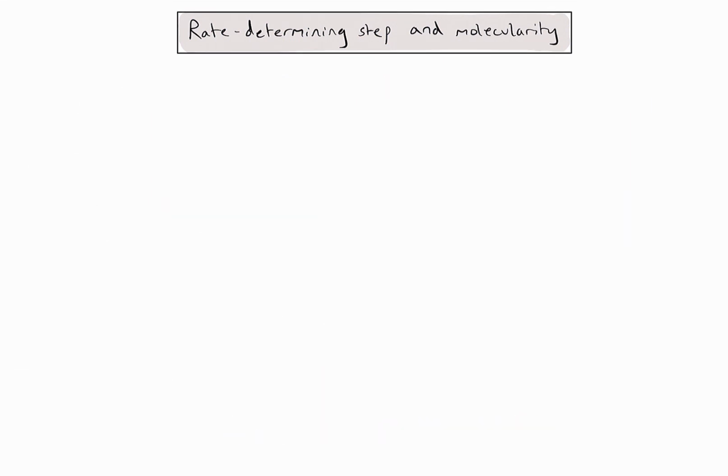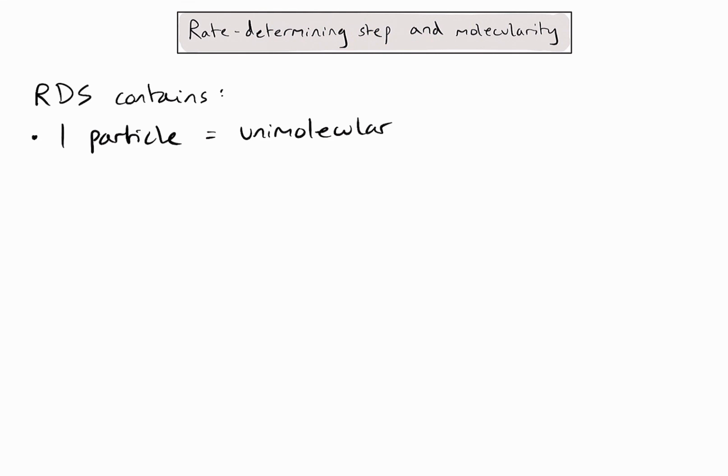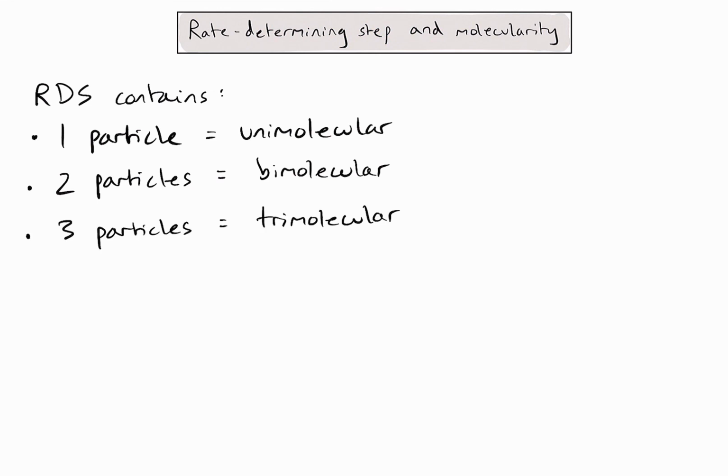If my rate determining step actually contained only one molecule, one particle, we would describe it as unimolecular. We've seen examples where the rate determining step contains two particles, we call that bimolecular. And if it were to contain three particles, we would call it trimolecular. And you won't see anything more than three particles in IB chemistry.